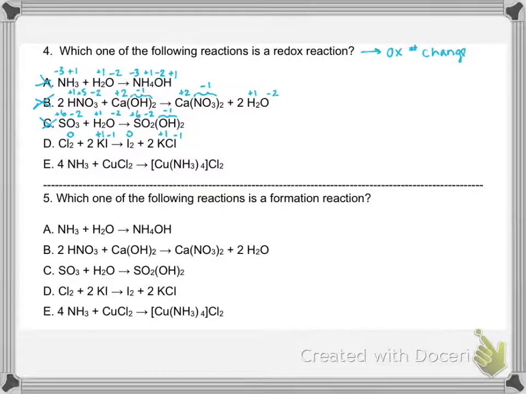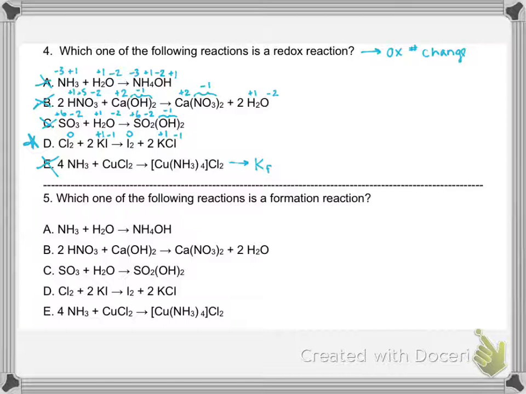And so here we see there is a change in oxidation numbers, so that's going to be our redox reaction. And then if we look at this reaction, we can see we have some things coming together to form a transition metal ion complex. So this would be like our KF reaction. That's not going to be a redox reaction.